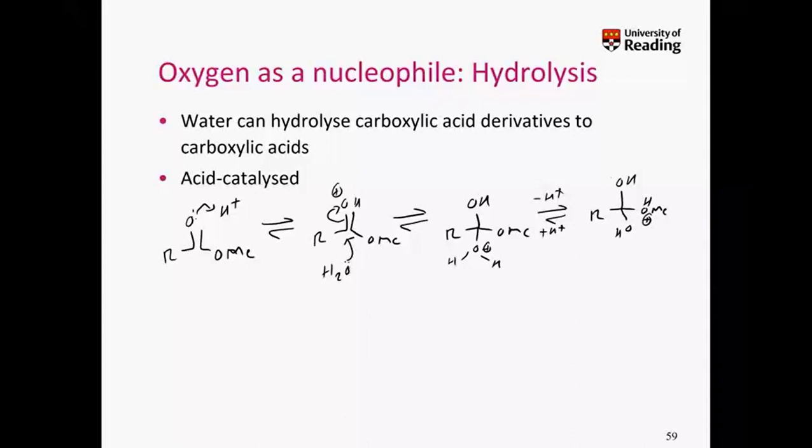And when that happens, we can reform our carbonyl carbon and we can kick out the methanol as a leaving group. So what we end up with then is a carboxylic acid, once we've deprotonated.